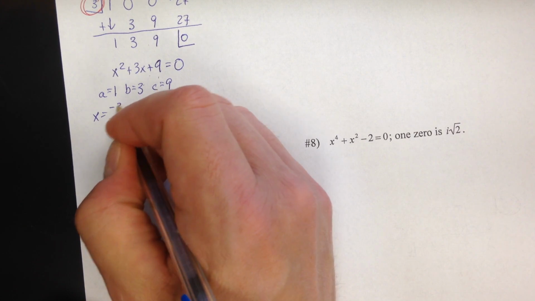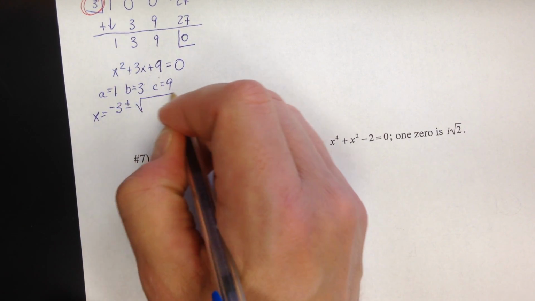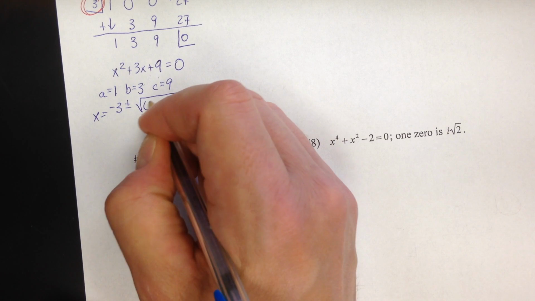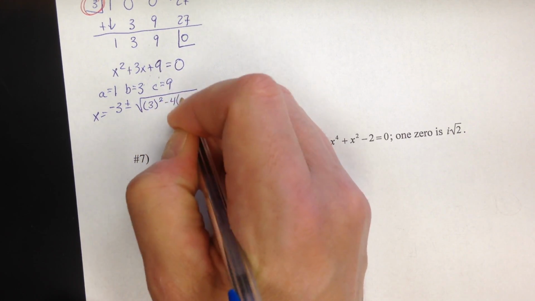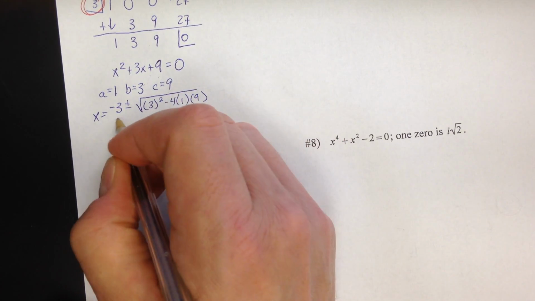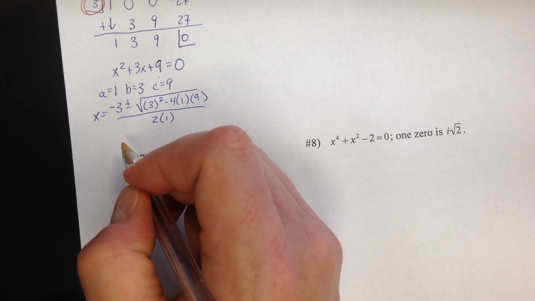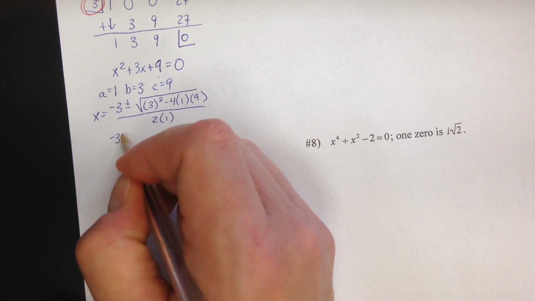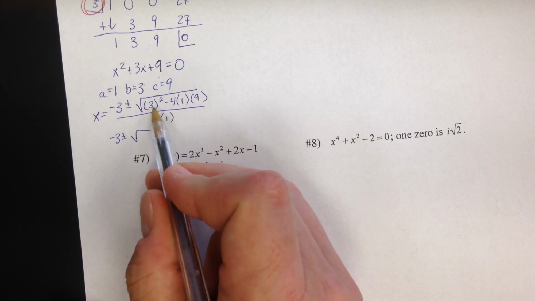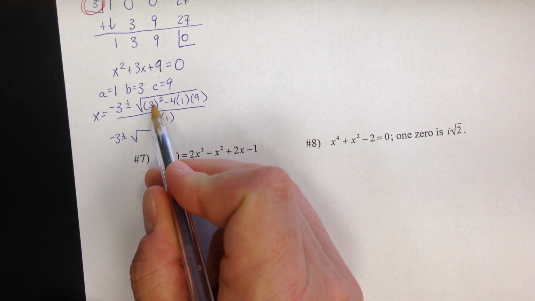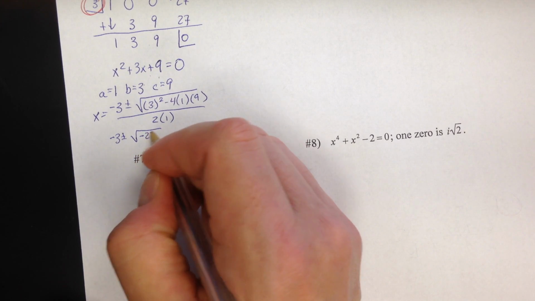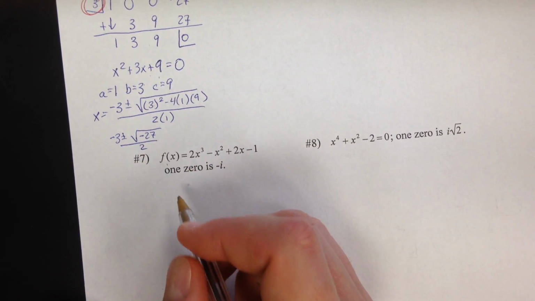x equals the opposite of b, plus or minus, square root, b squared minus 4 times a times c, all divided by 2 times a. Now we're going to get negative 3 plus or minus. When we work out the radical, when you do this, you're going to get negative 27 over 2.